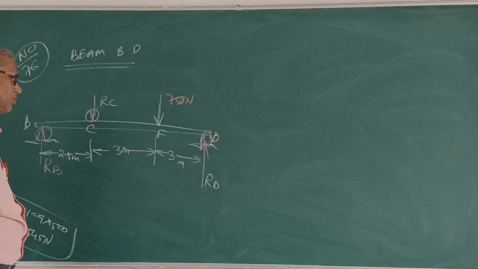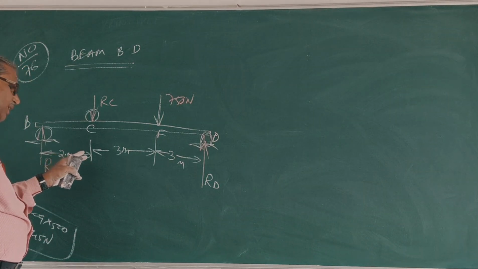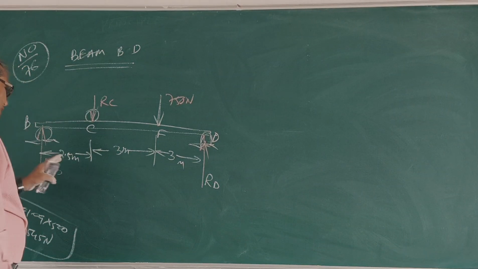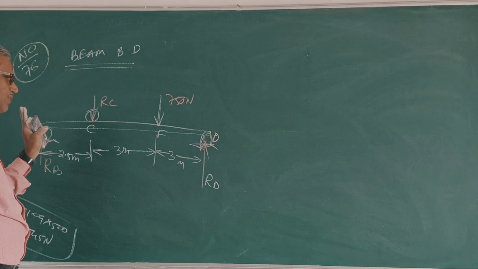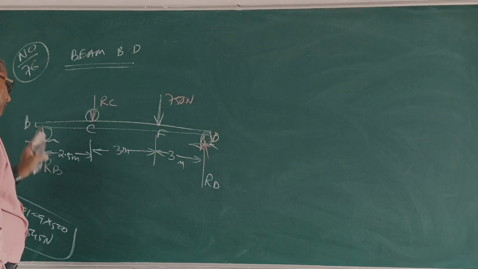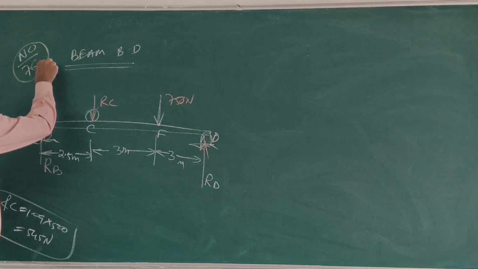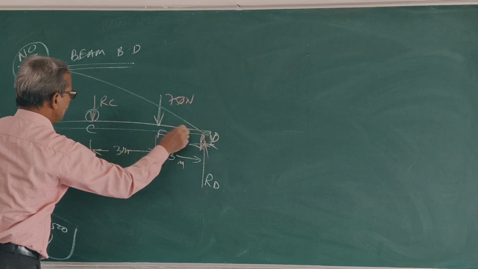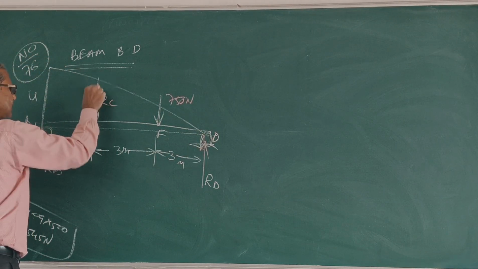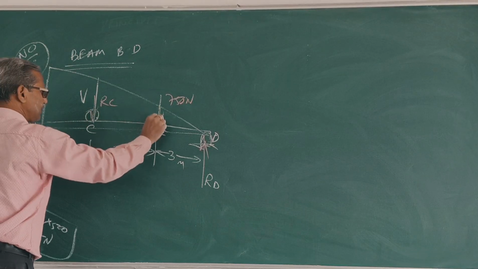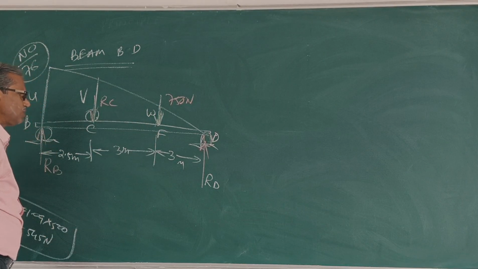Now give a virtual displacement at B. Clear? At B, suppose this distance is U. This is V. This is W. Clear?